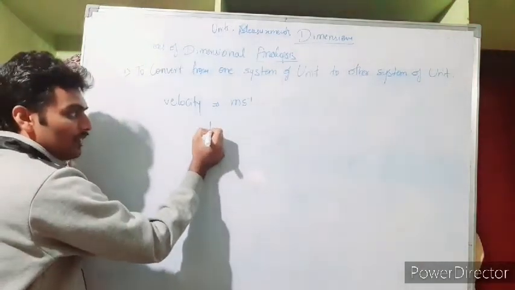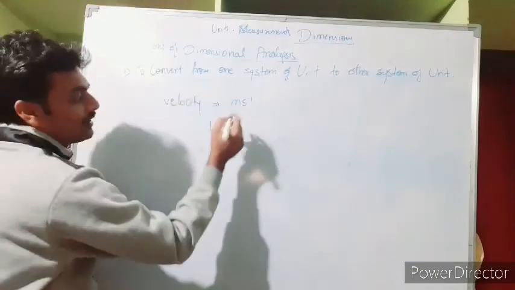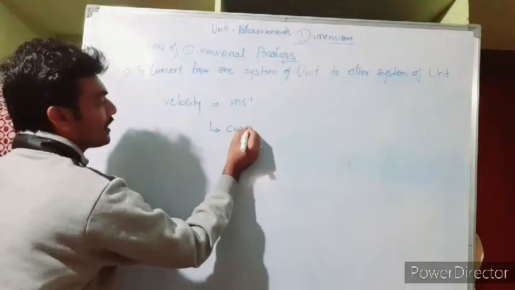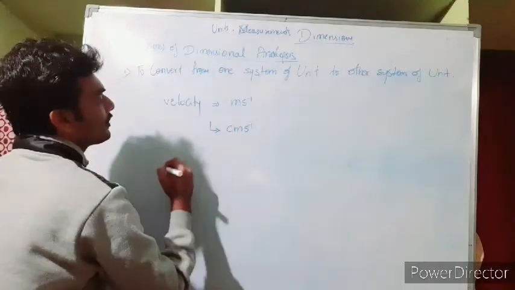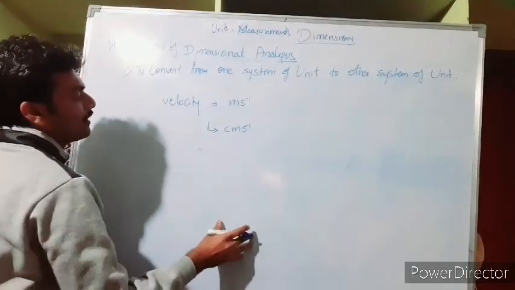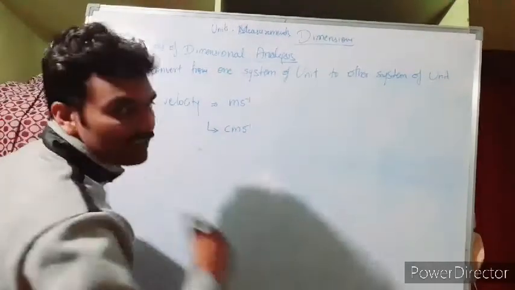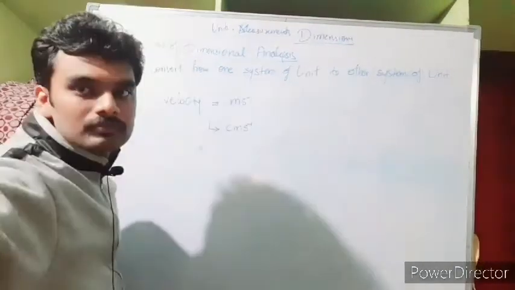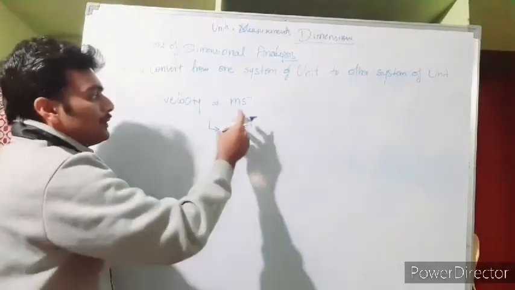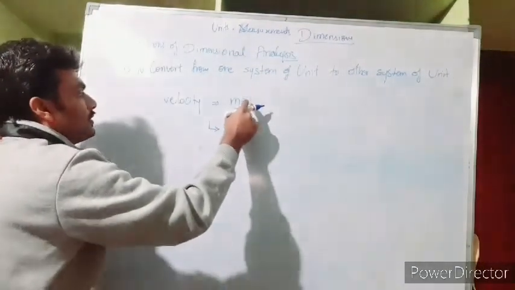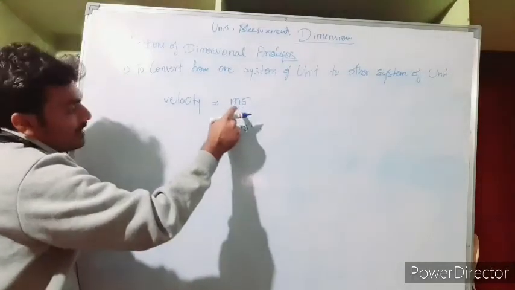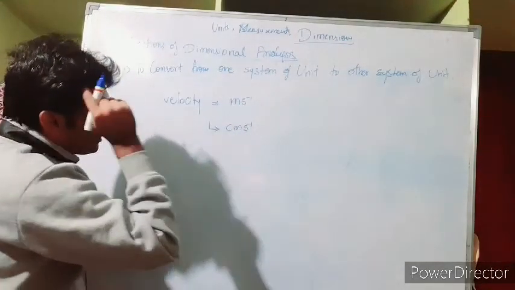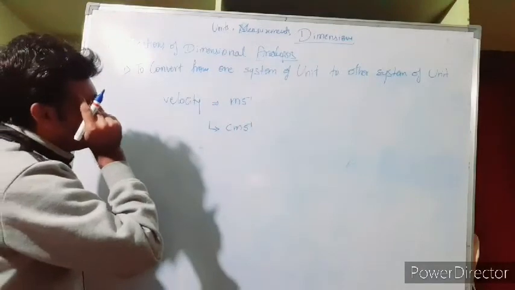The same quantity velocity will have the unit centimeter per second in CGS system. So this is for SI system, and this one, centimeter per second, is in CGS system.